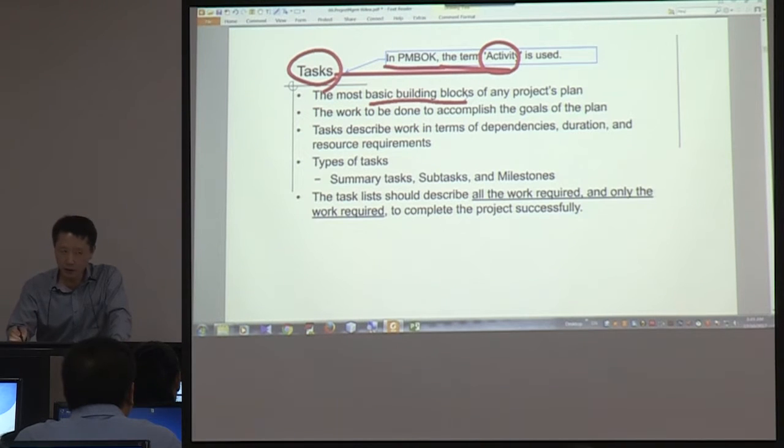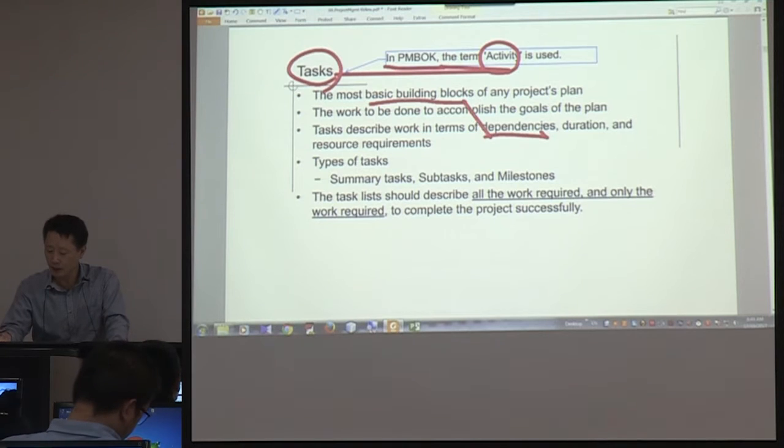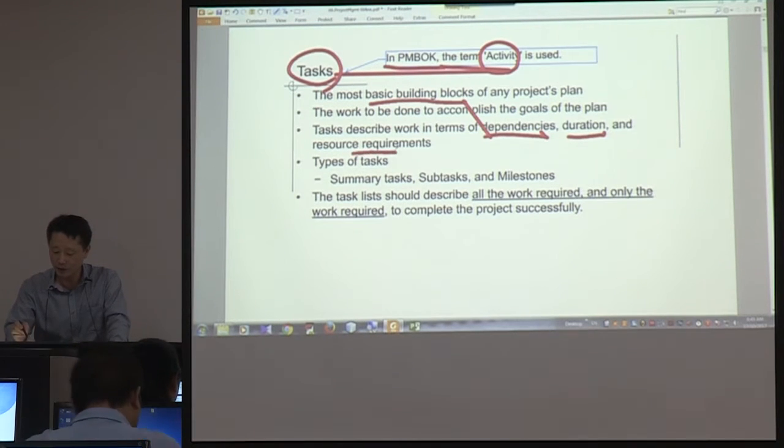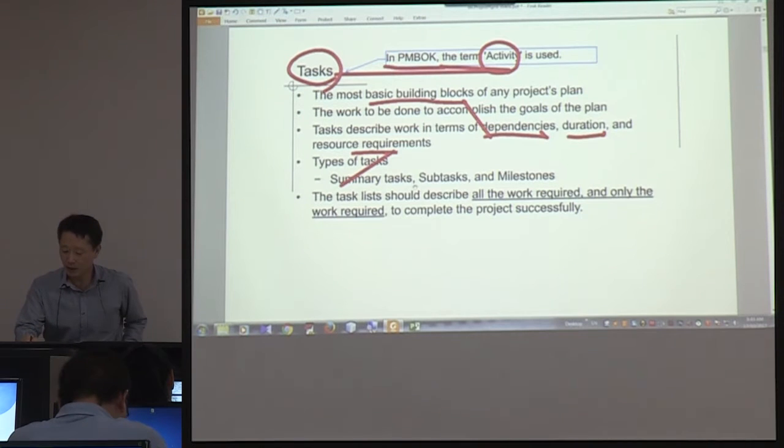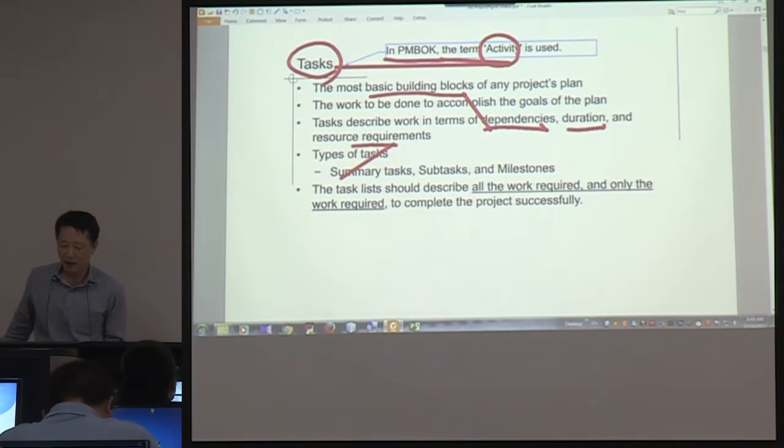And tasks also have some other information like dependencies, durations, and resource requirements. And basically, there are 3 types here: summary tasks, subtasks, and milestones.